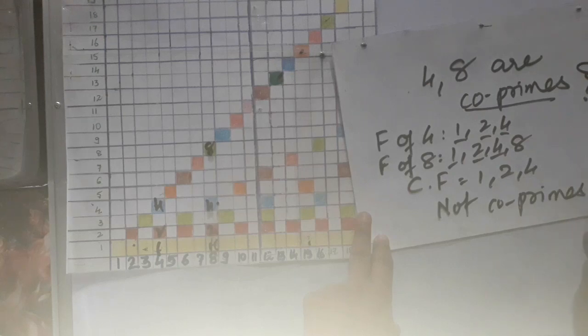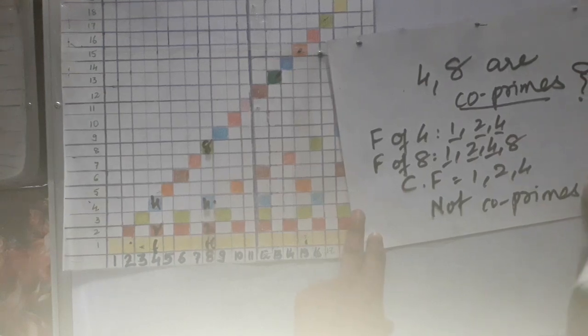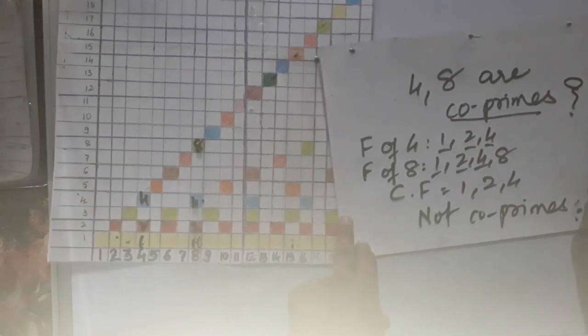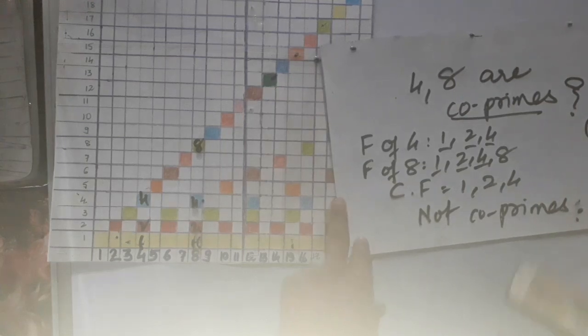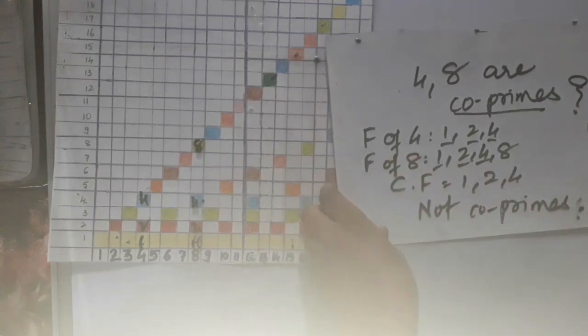Now which are the common factors? 1, 2 and 4. These are the 3 common factors. So we will say that they are not co-primes, because when I said co-primes, it should have only one as a common factor.